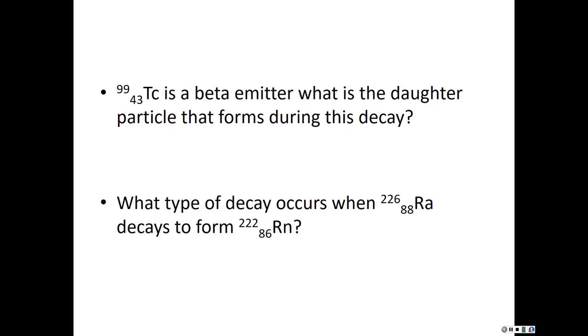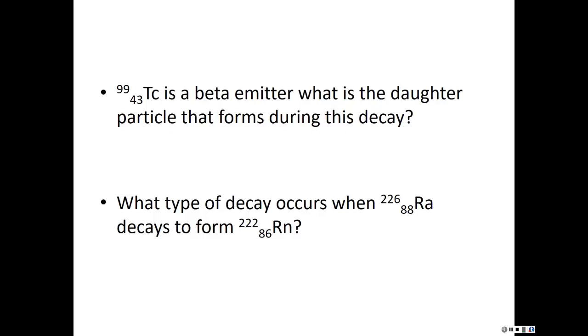Okay, so with this one, the real trick is figuring out what is a reactant and what is a product. So are we starting with Ra or Rn? Ra. Because Ra is decaying. It decays. So that is what is being broken apart.